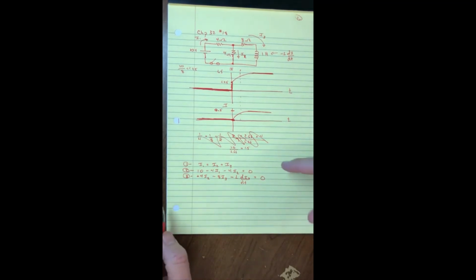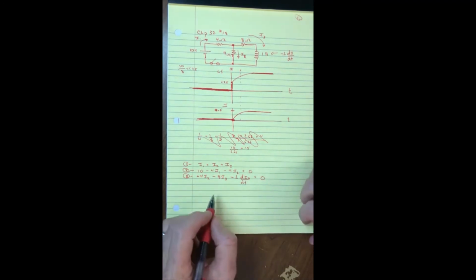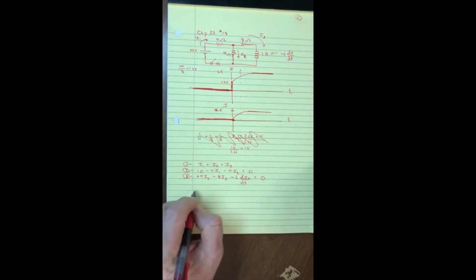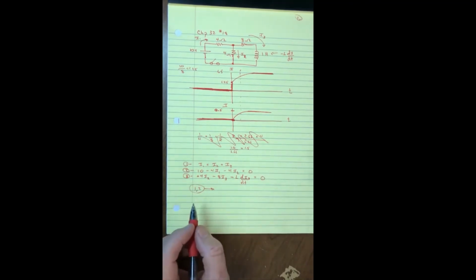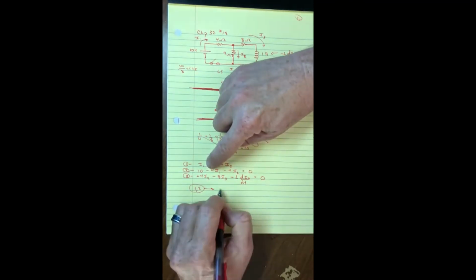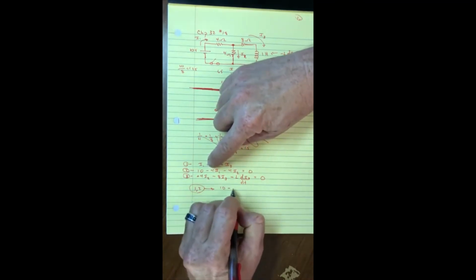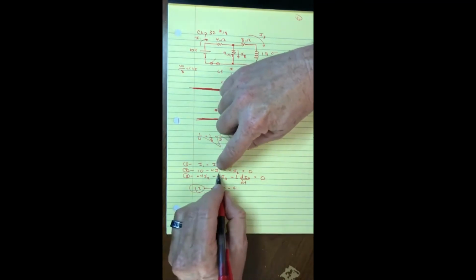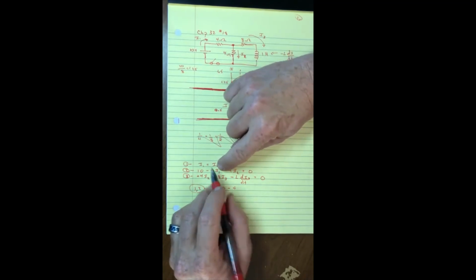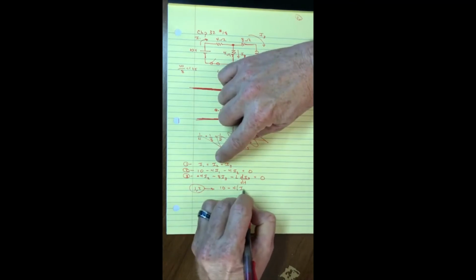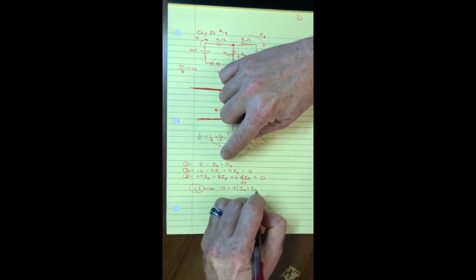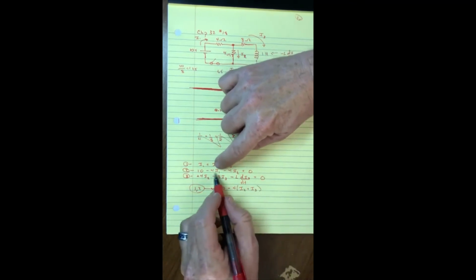Okay, so let me solve this here. The first thing I will do is merge 1 and 2 together. Let me rewrite equation number 2, or at least start to write it. Right where it says current number 1, I will substitute in equation 1. So this would be I2 plus I3, and that goes right there.